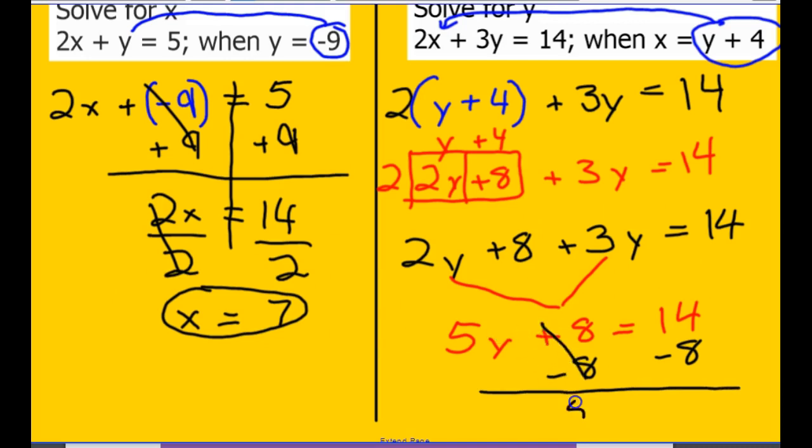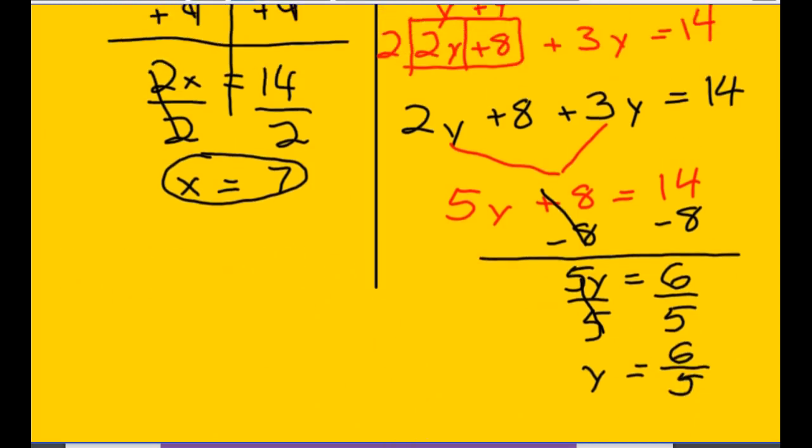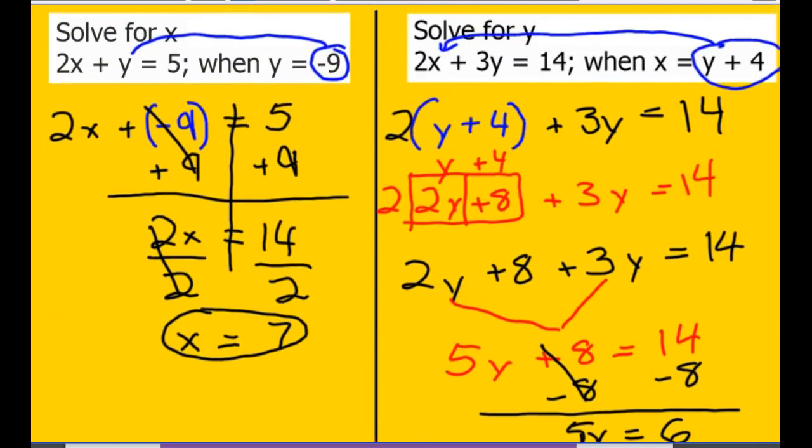What we get then is 5y equals 6. Last thing, divide by 5 and divide by 5. y equals 6/5. So what we are doing is just replacing something into our equations.